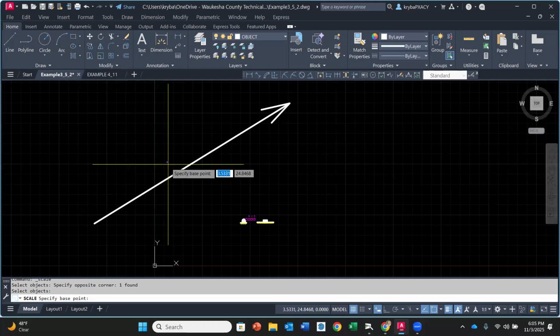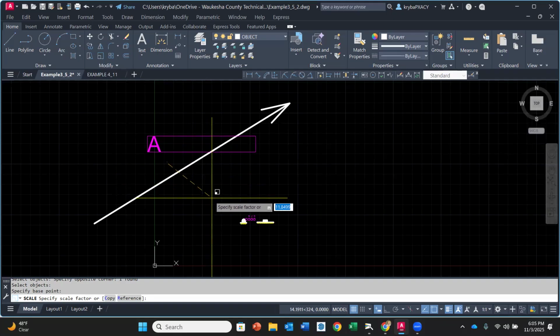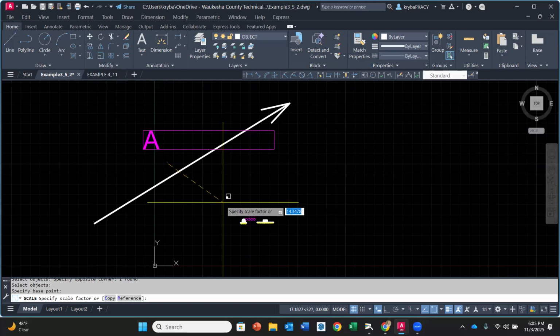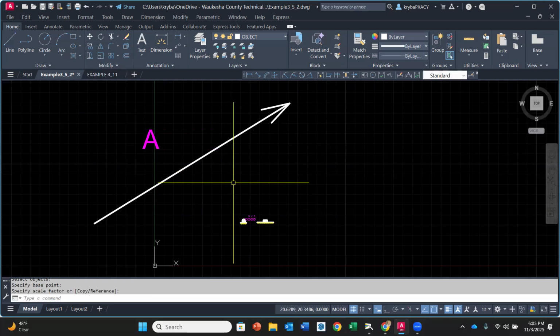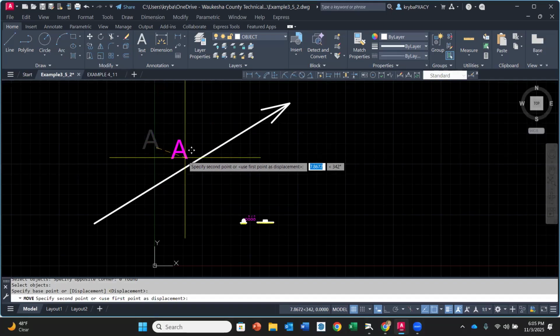I'm going to select, I don't know, right by it, and I'm going to move my cursor away from it. And it's going to make it larger, right? I'm not entering a scale factor. I don't even know what the scale is, it says it's like 12 something or 12 and a half or so. But I want to make it big enough so that when it is next to my vector, I'm going to move it next to my vector, that it's in the right place.